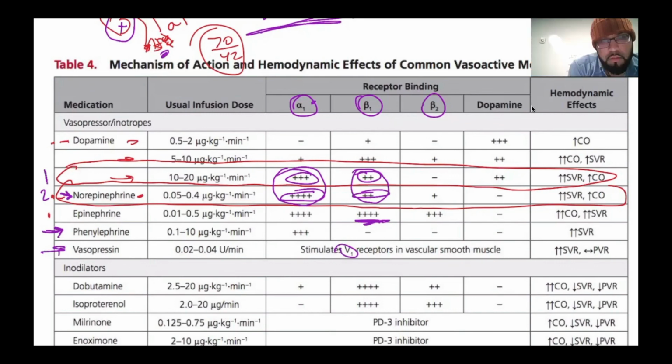So that's why when you do interfacility transport, or critical care transports, you'll see those very sick patients. They're going to hit them with multi-drug, multi-pressors. Why? Because it's different receptors and different response. Make sense? So if you are heading down that pathway where you are not improving, they start adding other drugs to act on different receptors and increase the vasomotor tone.